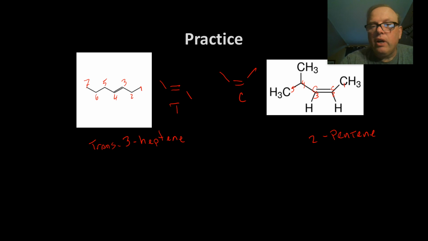Now I've got to take care of this methyl group that's on the fourth carbon. So it's going to be 4-methyl-2-pentene. And because it is cis, cis-4-methyl-2-pentene.